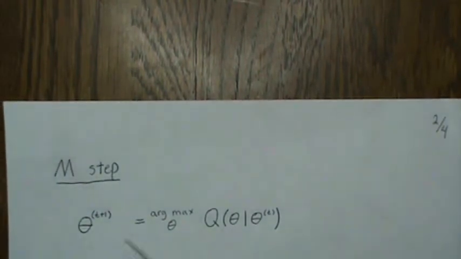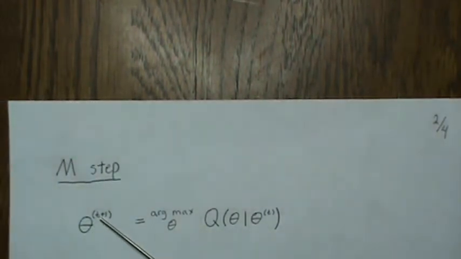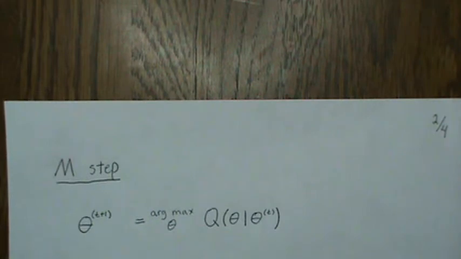That value is our new theta, call it theta t plus 1. Then we use this as our estimate for theta, and we repeat the E step with this value, and then repeat the M step with this new value to come up with theta t plus 2.